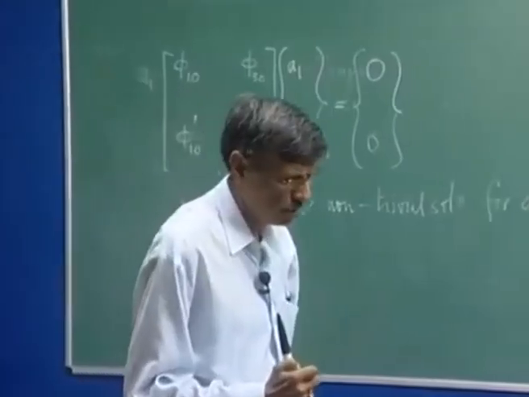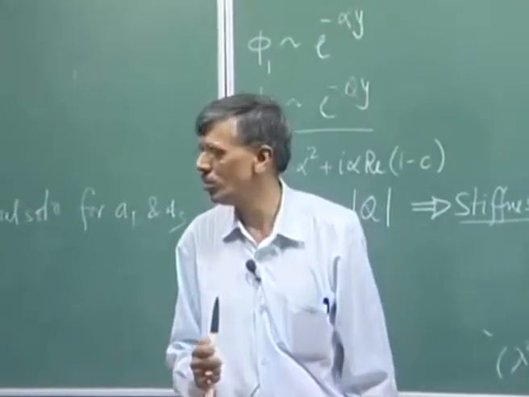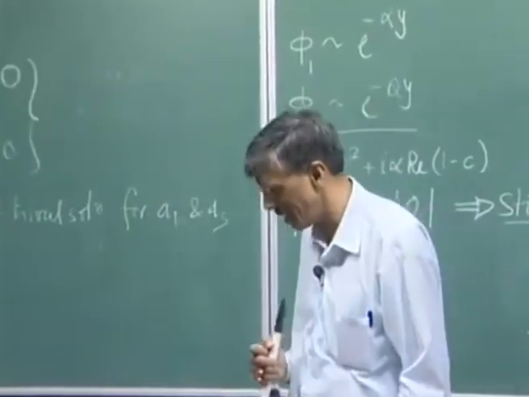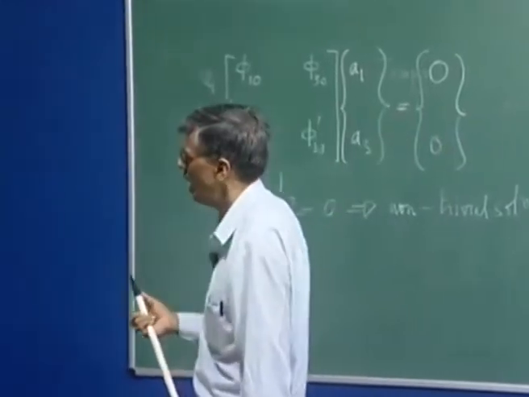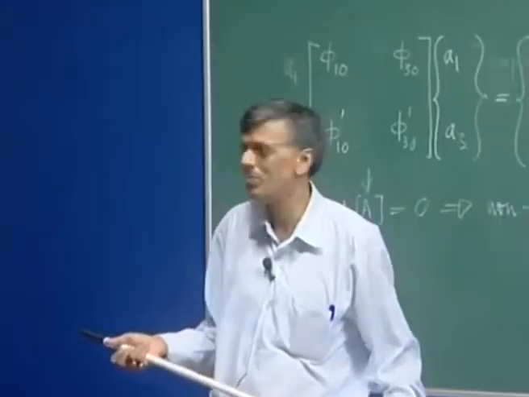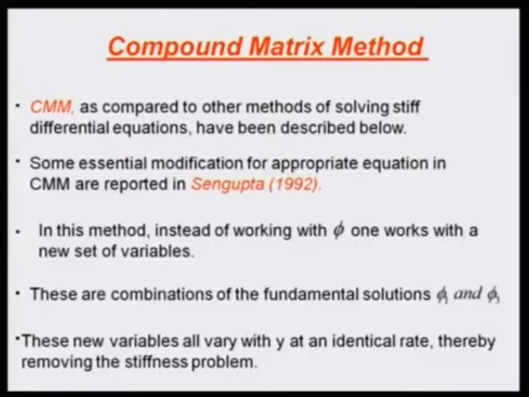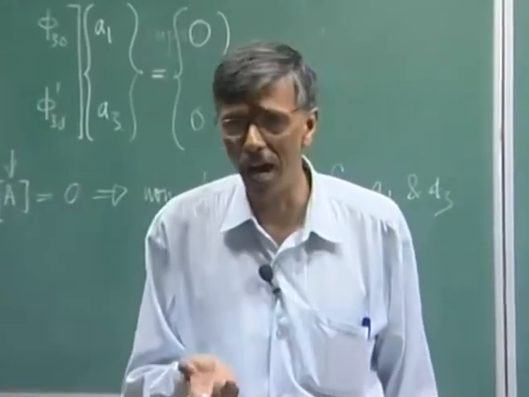People have tried to do many things. We will not talk about many things, we will just talk about one thing in which we ourselves have participated, and that method which was developed to solve stiff differential equation is called the compound matrix method, which was originally introduced by two mathematicians, Ang and Reid.